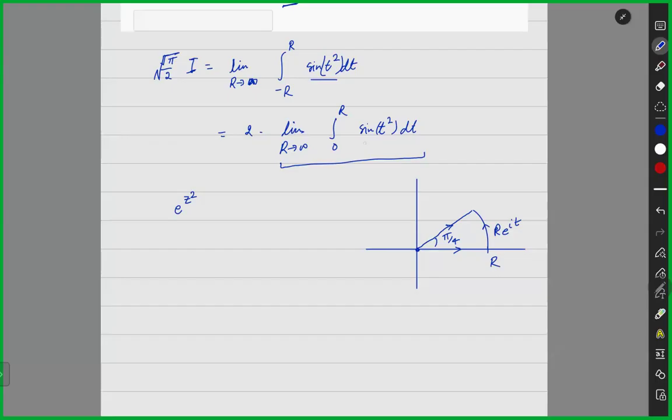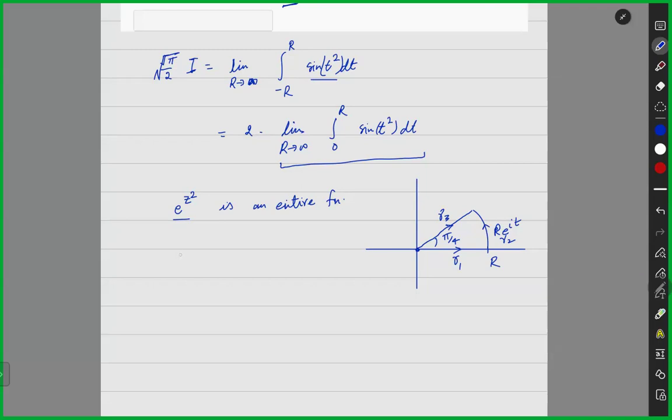Now this function e power z square is an entire function. So if we have an entire function and a closed curve, or a concatenation of curves which is closed, then the integral of this becomes 0. If you calculate the integral over this, let's say this is gamma 1, this is gamma 2, this is gamma 3, and the arrow is defined there.